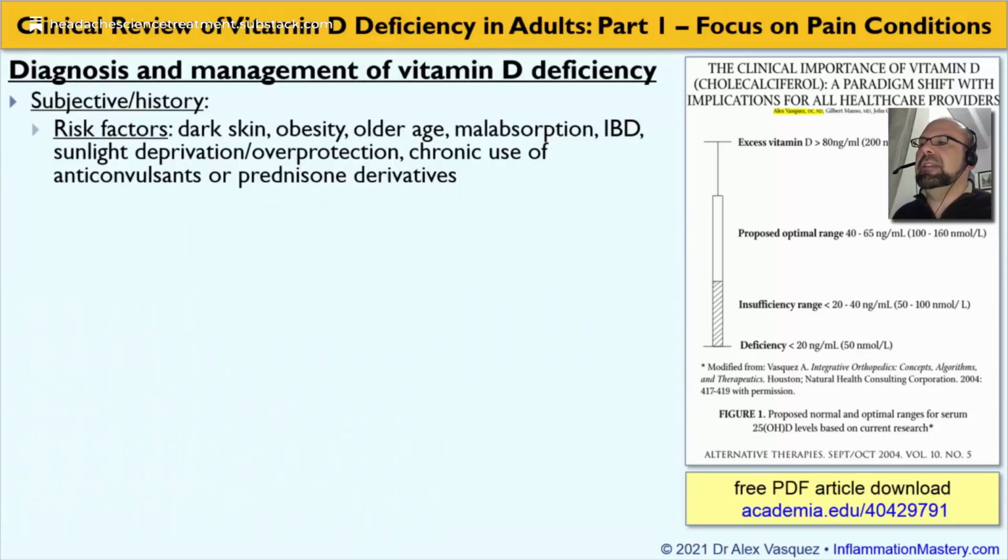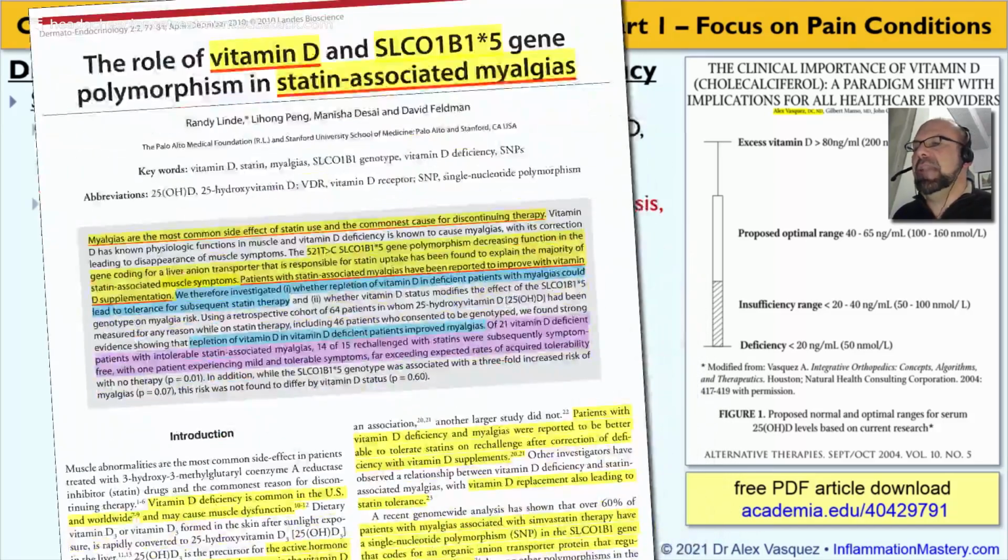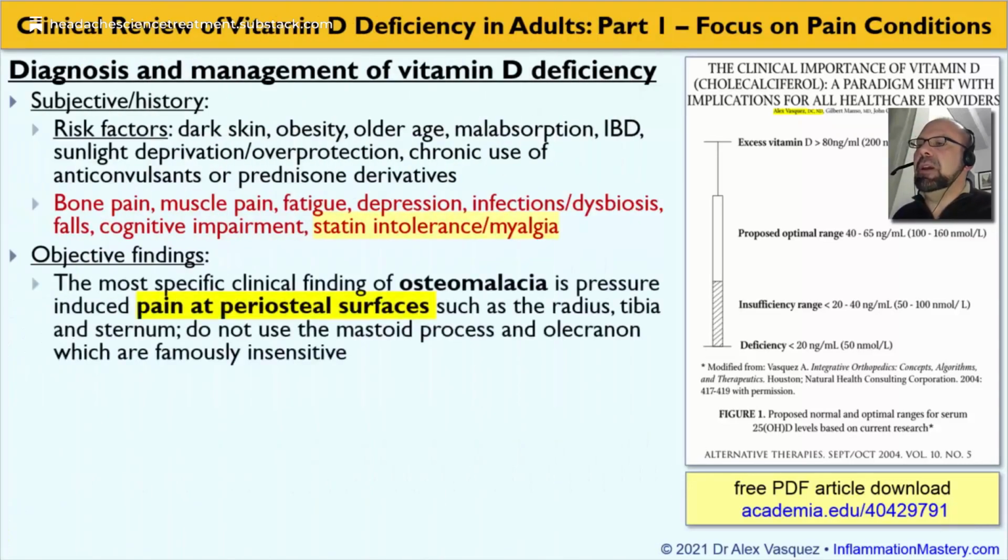More specifically, we see bone pain, muscle pain, fatigue, depression, infections and dysbiosis, more frequent falls, cognitive impairment, and statin intolerance or statin myalgia. Objective findings include pain at periosteal surfaces. We use the radius, the tibia, and the sternum. We do not use the mastoid process.